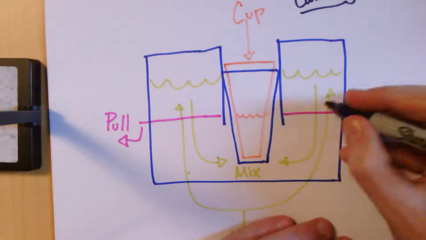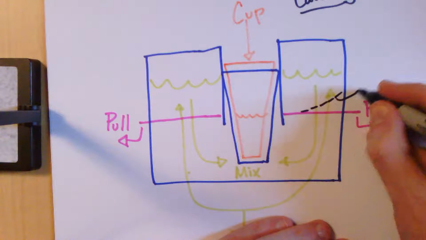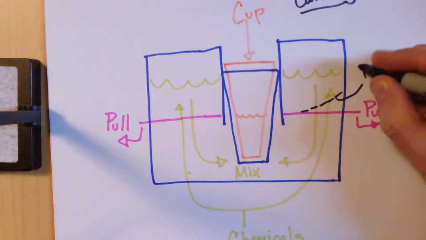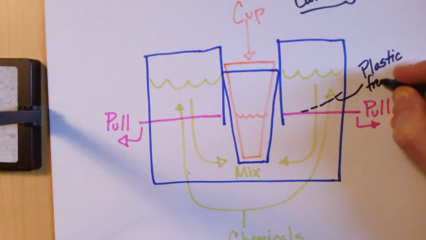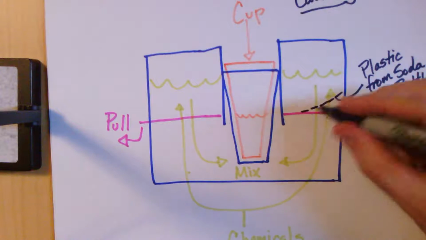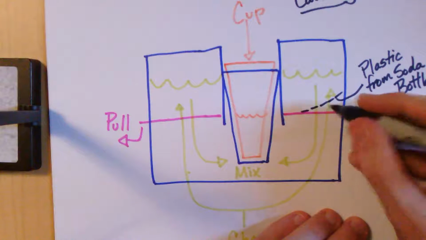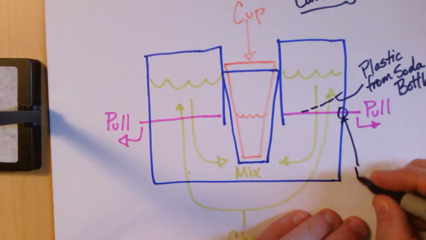Another thing I did was, right here is plastic from a soda bottle, okay? And I caulked it to the walls because it keeps the water from coming through. This is a possible leak spot.